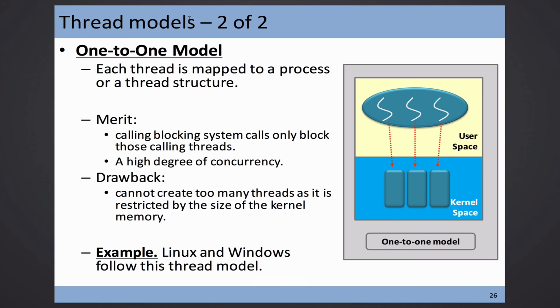Let's say this guy called the blocking system call sleep. It won't block the remaining two guys. And this is the modern model. So Linux, Mac, Windows all implement this. And what is the drawback? The drawback is actually very interesting. I don't know whether you observed this or not.